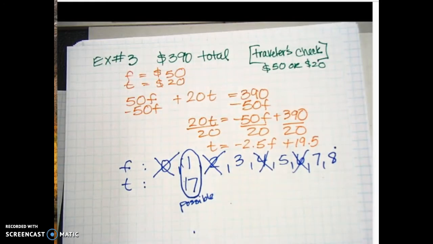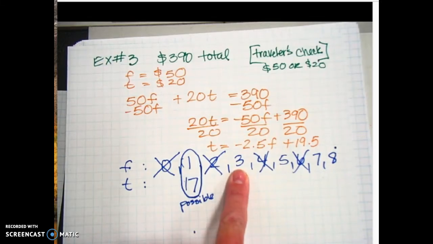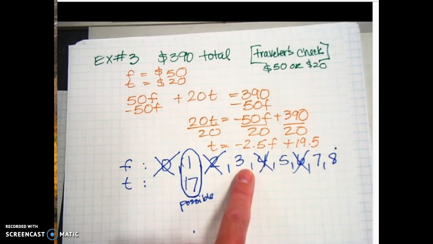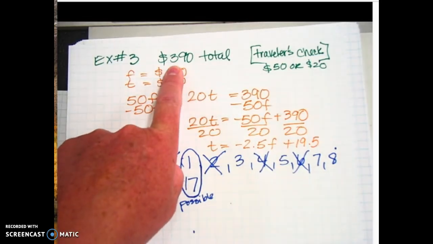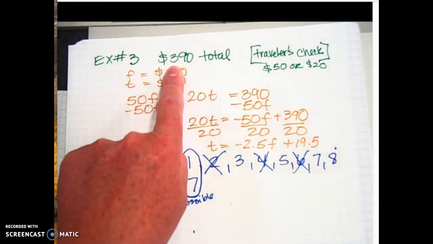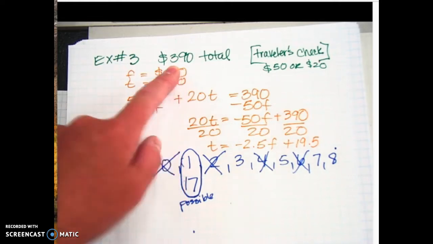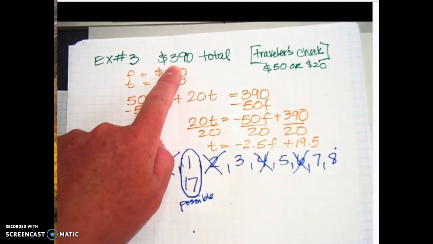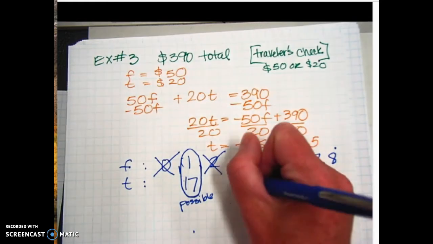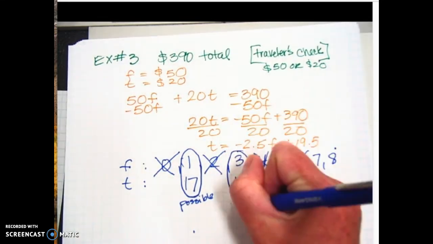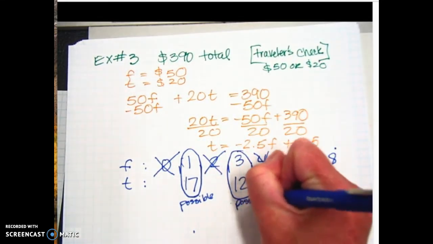Because you can't have an even amount of 50s and still have the 20s turn out to be exact, okay? Let's try 3 50s. 3 50s is how much money? 150. So you subtract 150 from the 390, that puts you at? Okay. And then divide that by 20. I got 12. So that's your second possibility.